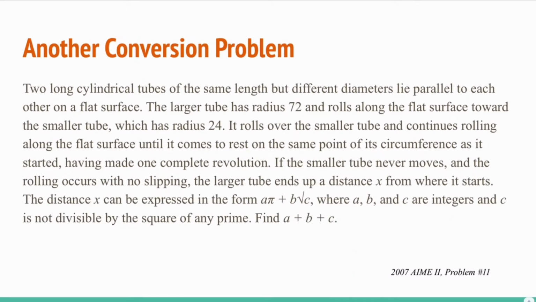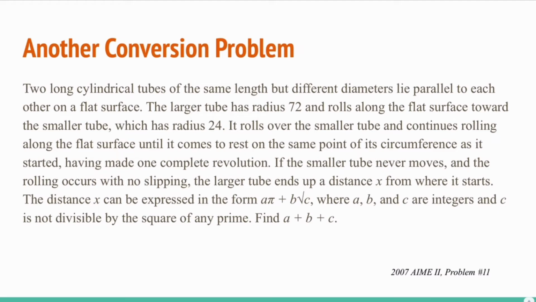Here's another problem where we have to convert from 3D to 2D. Two long cylindrical tubes of the same length but different diameters lie parallel to each other on a flat surface. The larger tube has radius 72 and rolls along the flat surface toward the smaller tube, which has radius 24. It rolls over the smaller tube and continues rolling along the flat surface until it comes to rest on the same point of its circumference as it started, having made one complete revolution.